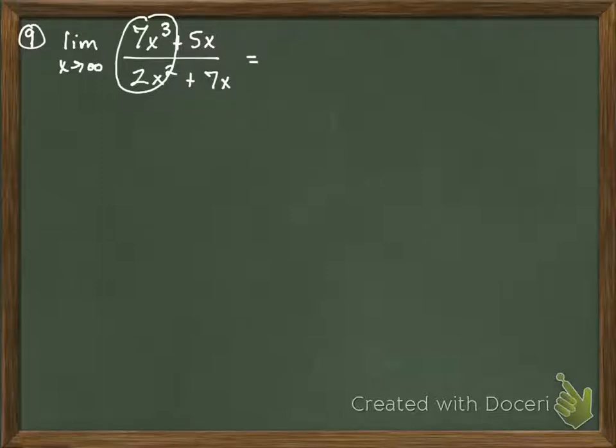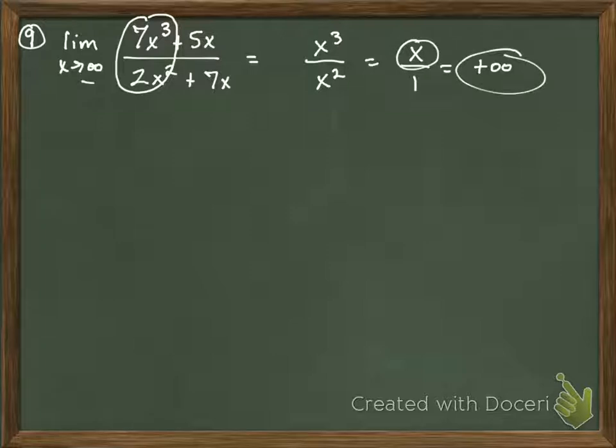So think about when it's top heavy, really the only thing that matters is x to the third over x squared, right? Which really simplifies to x over 1. So you have something really, really big because infinity is big in the top. If I plug in positive infinity up here, what's my thing going to go to? Yeah, positive infinity. Because you got a positive over 1. All right, so this limit is going to go to positive infinity.